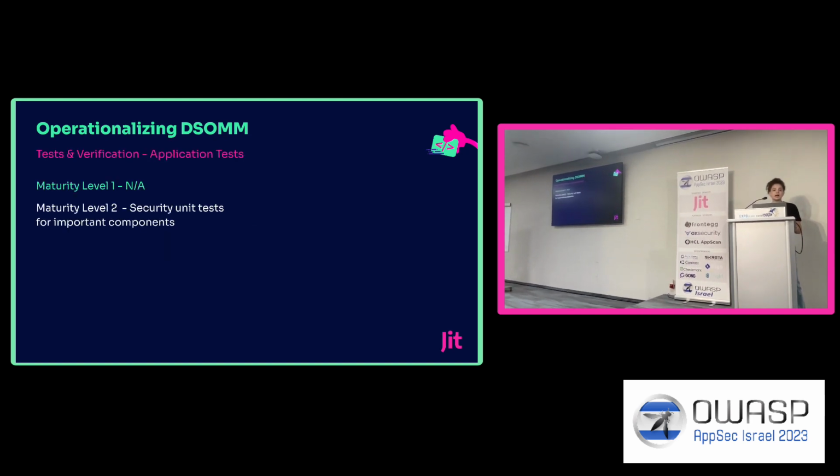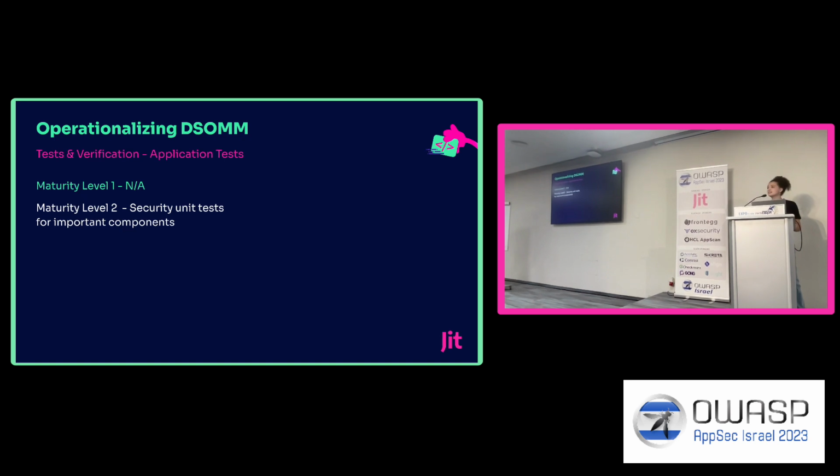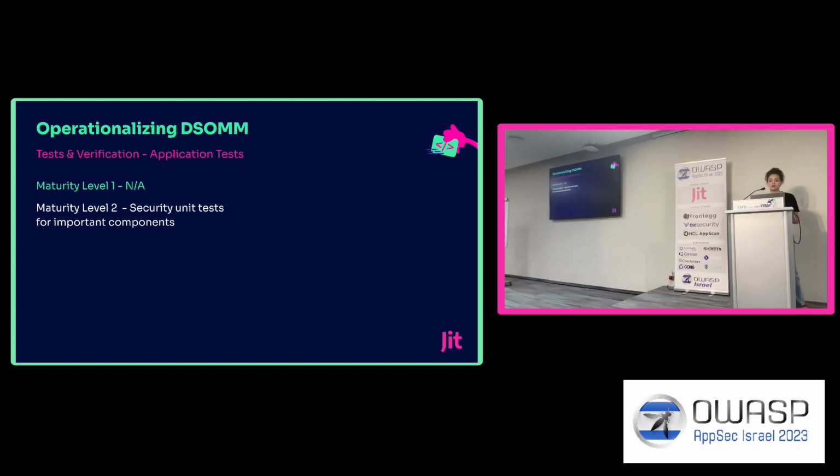So now we're going to go to the next dimension, and this is test and verification. Again, I'm not going to go over all the subdimensions for this one. I'm just putting it out there that DSOMM has a lot more than that. We see again that maturity levels 1 and 2 are combined, so we jump straight to maturity level 2.